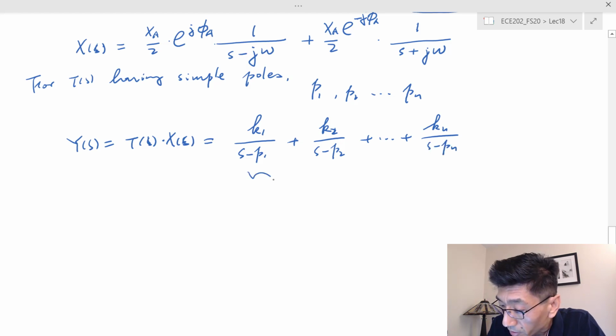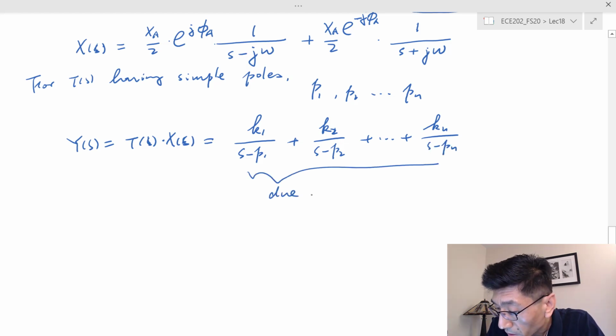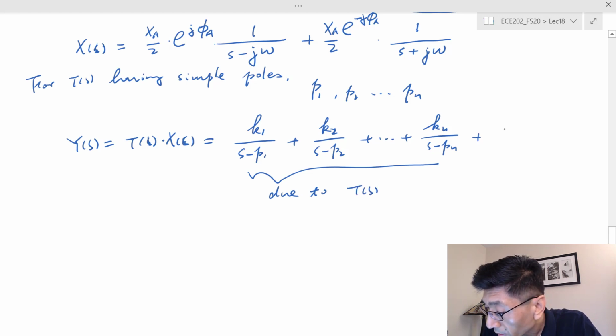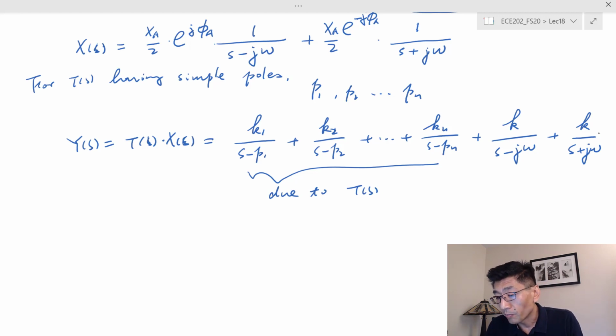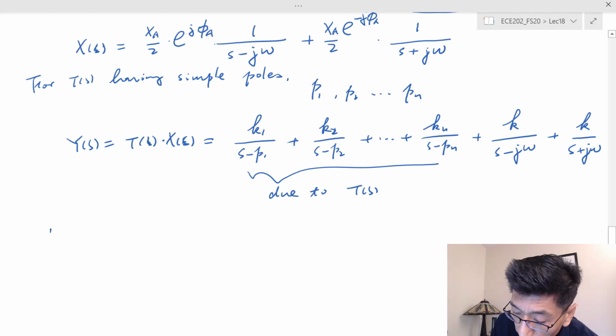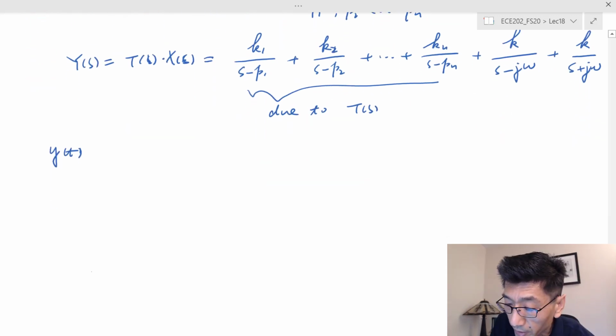So these terms are due to T(s), and then we also have K over s minus jω plus K conjugate over s plus jω. Remember, the K's are residues, right? The K1, K2, Kn are the residues. So if we do the inverse Laplace transform, we find that the response in time domain y(t) is going to be equal to the first term.